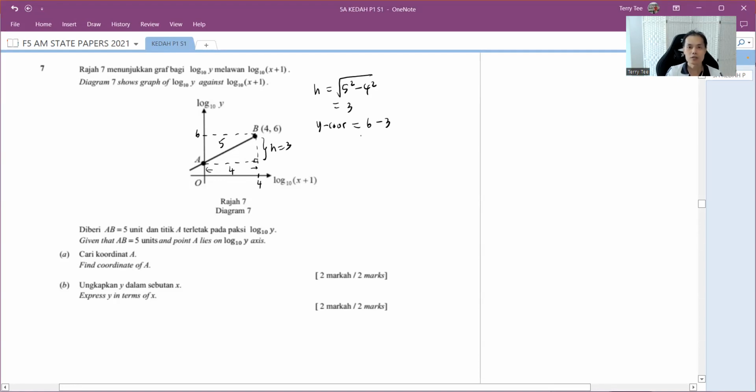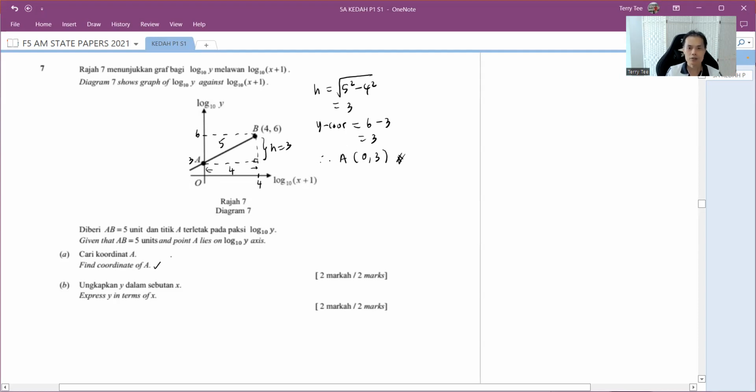Your difference is also 3. So the y coordinate of point A is 3. Therefore, the coordinate of point A will be (0, 3). Remember, we write the x coordinate followed by y. If it lies on the y-axis, you don't go left or right, you stay at 0, you go up by 3.